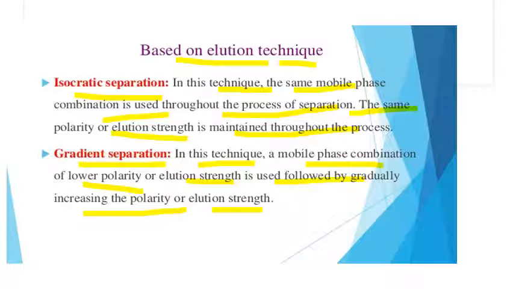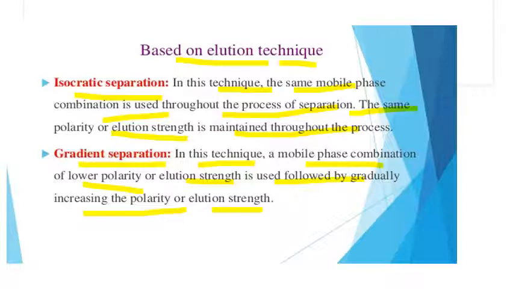So we have more than one differently concentrated solvent. It goes from the lower polarity concentration to the higher polarity concentration. On the basis of polarity, we make use of the concentrated solvent in the process, and that type of HPLC is called gradient.